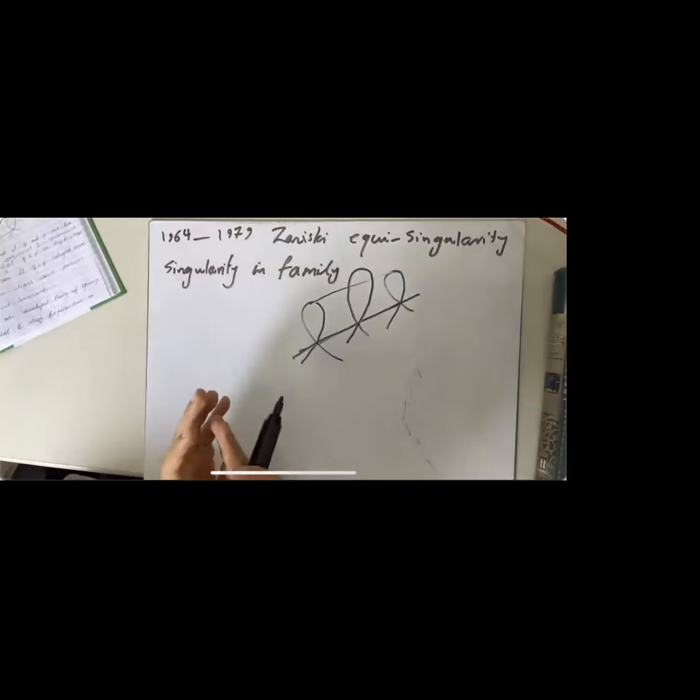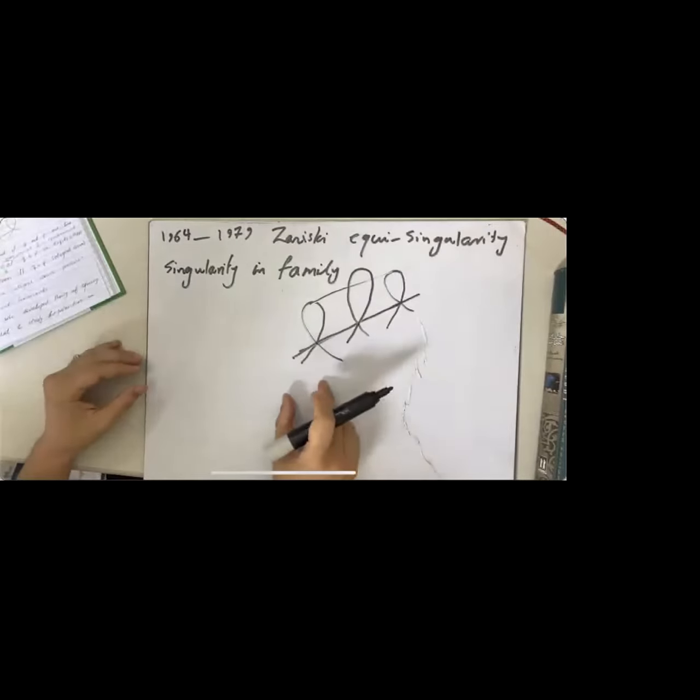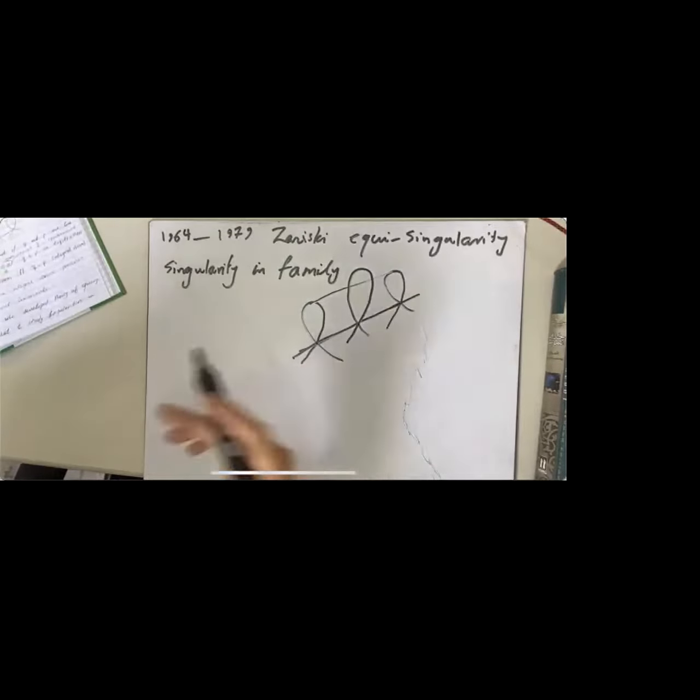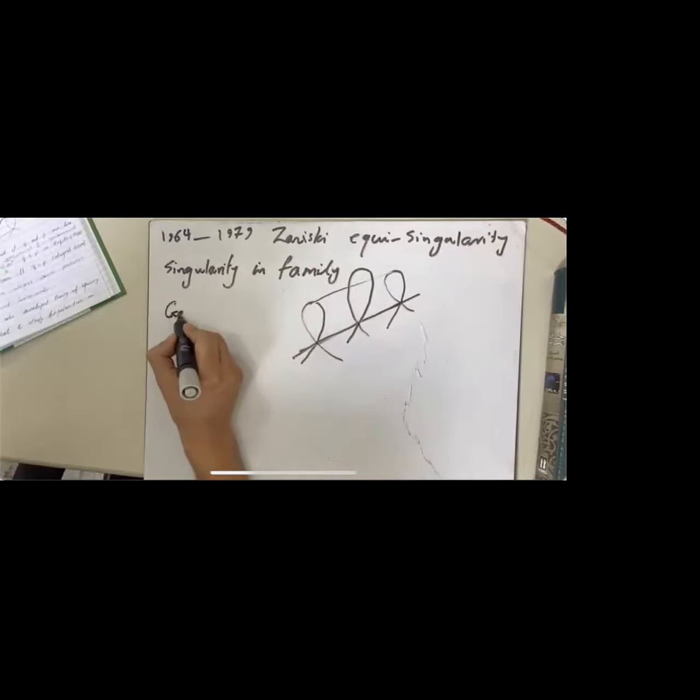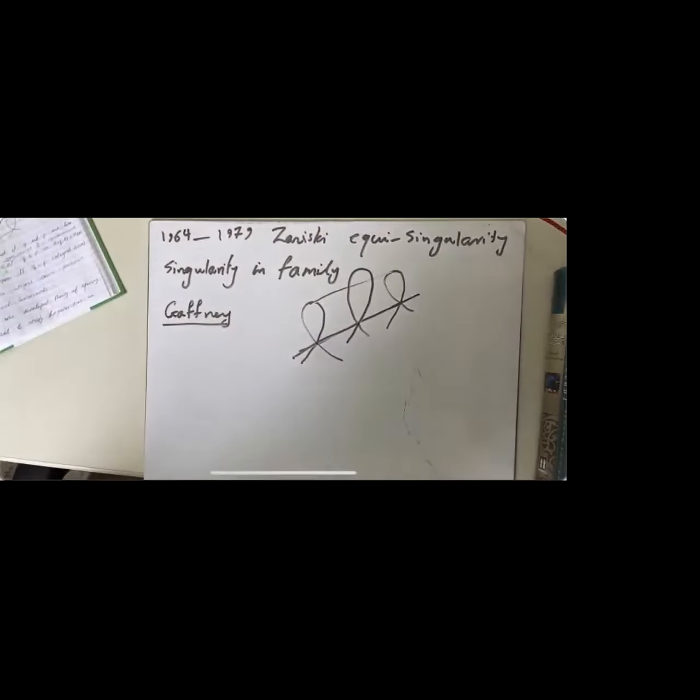Okay, so the theory of equisingularity was very active in that decade, and one of the major works was done by Gaffney. Of course, Teissier also worked on this family, and he defined what is called the mixed multiplicity.